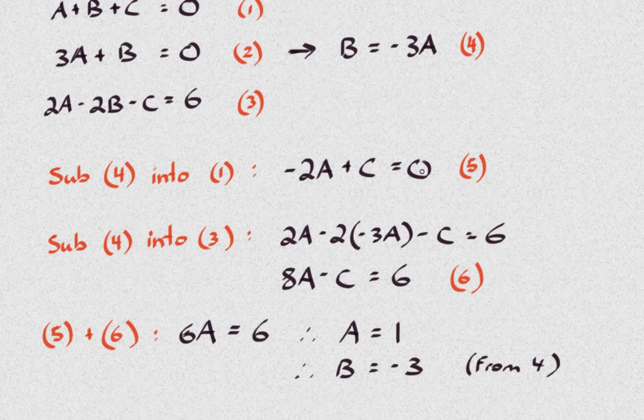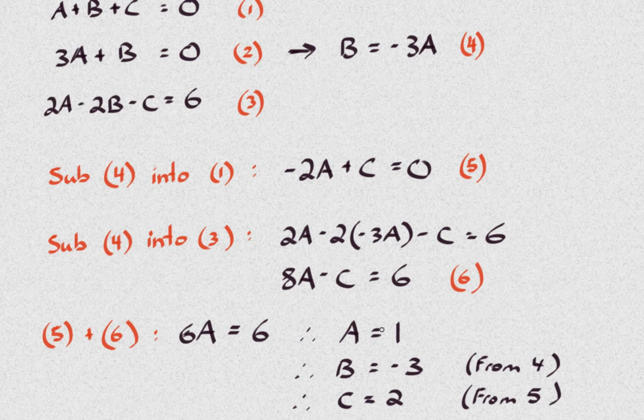And also, if we look at the fifth equation that involves a and c, we can see that since a is 1, that's negative 2, and so c must be 2. Okay, so that's from looking at the fifth equation. So, a bit of work to figure out our first variable, but once we've got it, super easy.